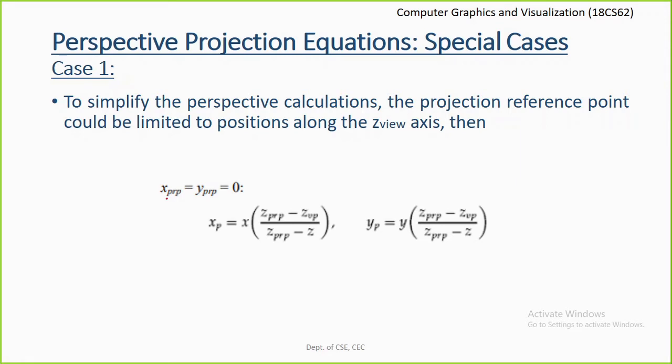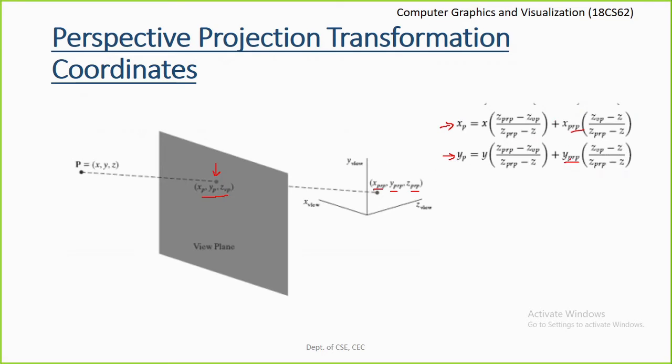The values of the x and y projection reference point coordinates will be equal to 0. So how can we change the equation if xprp and yprp equal 0? So this entire term will be equal to 0, because xprp and yprp will be equal to 0. 0 into anything will be 0, so we need to consider only the first part of the addition here.